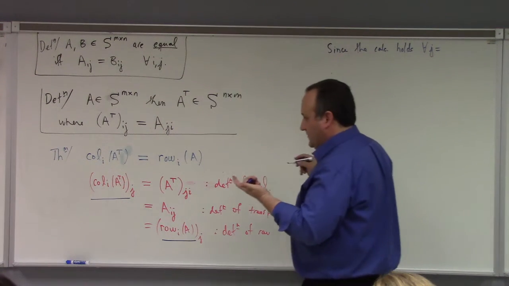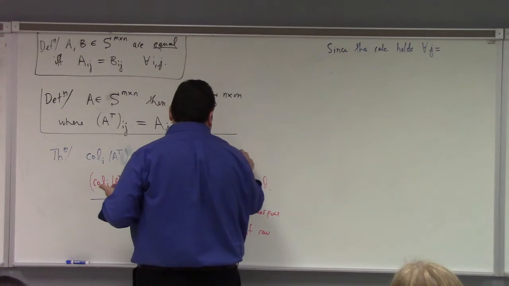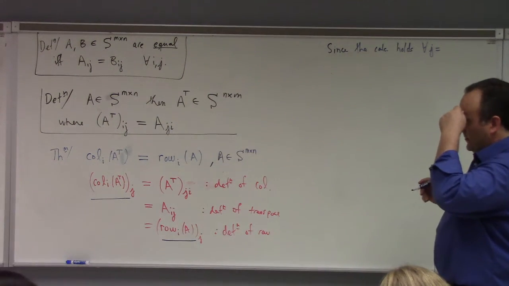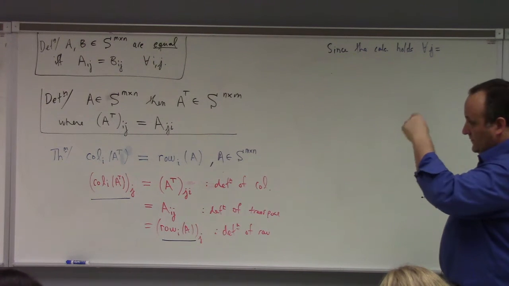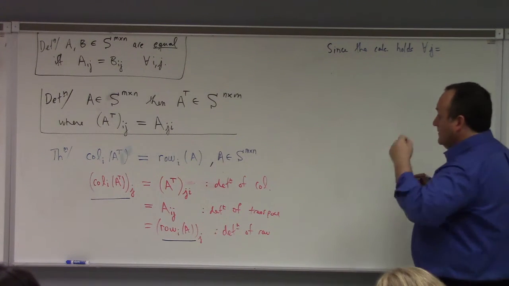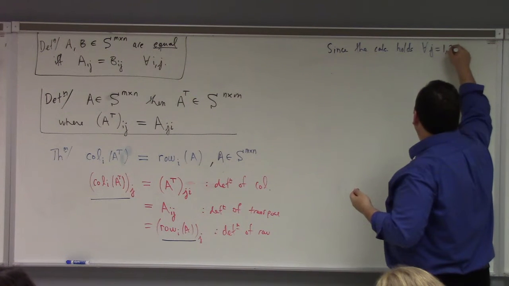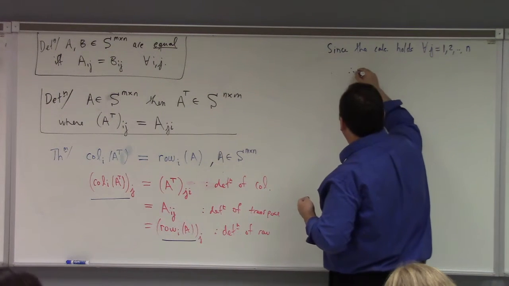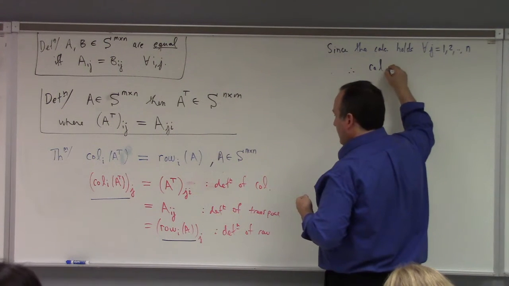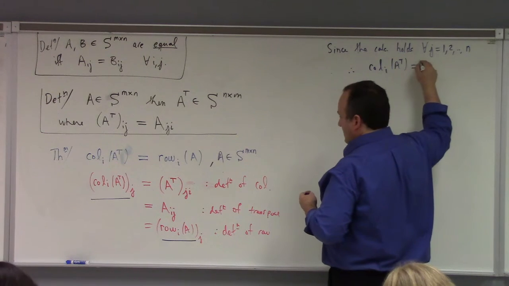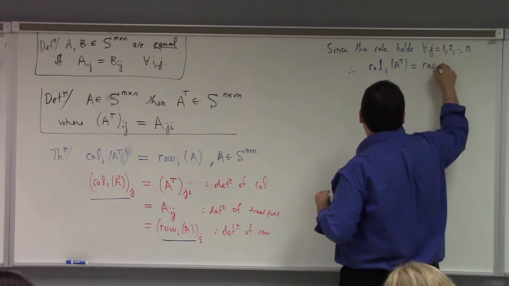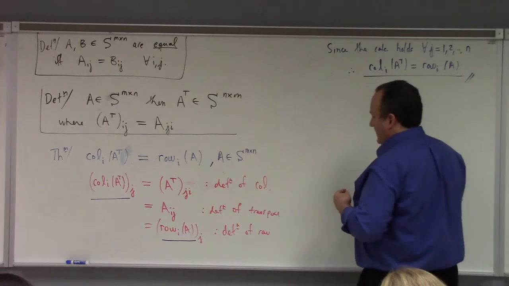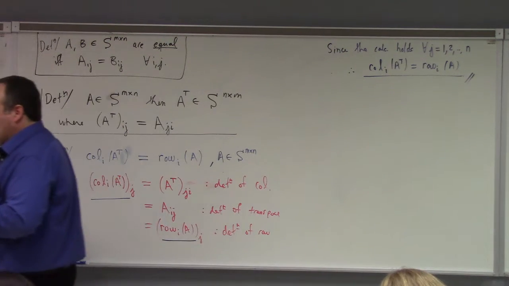I guess it depends on where A is from, right? But if we're supposing that A is in S m by n for the sake of discussion, that would mean that i ranges from 1 to m, and j then ranges from 1 to n, I believe. Therefore, column i of A transpose is equal to row i of A. And there you go.